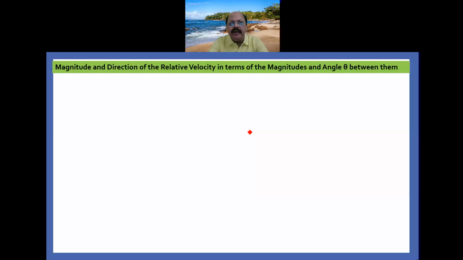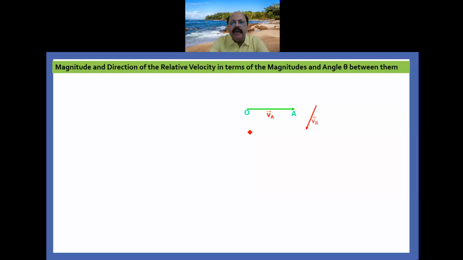Now how can you find the magnitude and direction of the relative velocity in terms of the magnitudes and the angle theta between them? Simple, you have to apply the triangle law of vector addition, the same concept. Here, this is the given velocity of A, represented by VA vector, and another object B whose velocity is VB vector.